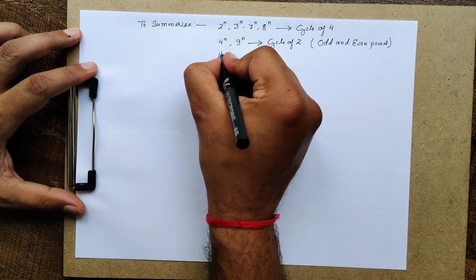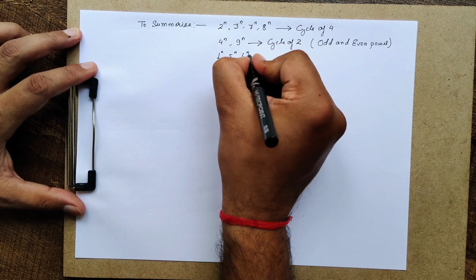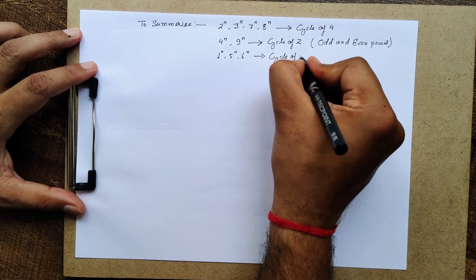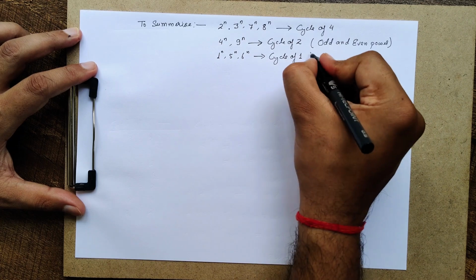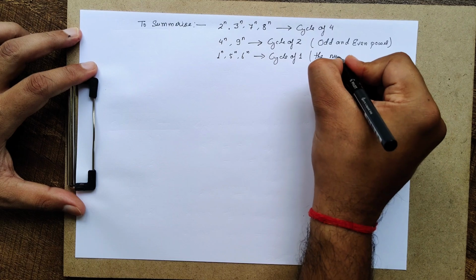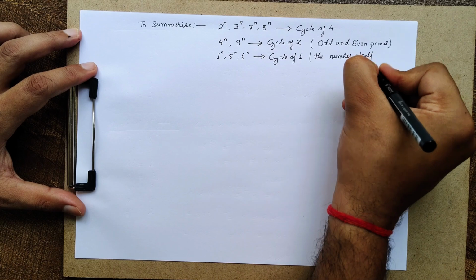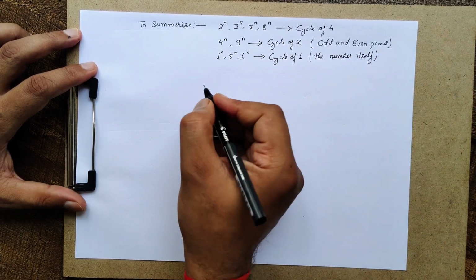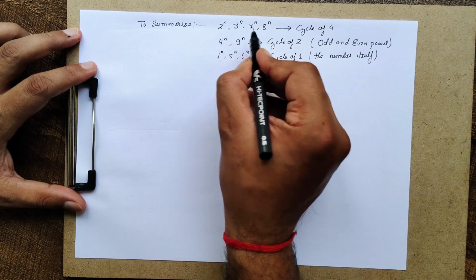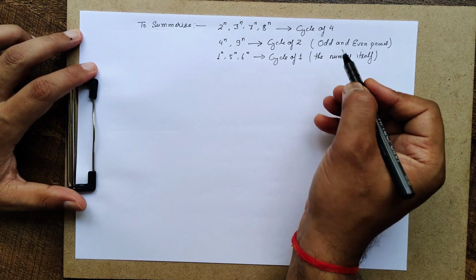And 1, 5, and 6 follow a cycle of 1, which means the units place will always be the number itself. So just remember, 2, 3, 7 and 8 follow a cycle of 4, while 4 and 9 follow a cycle of 2.